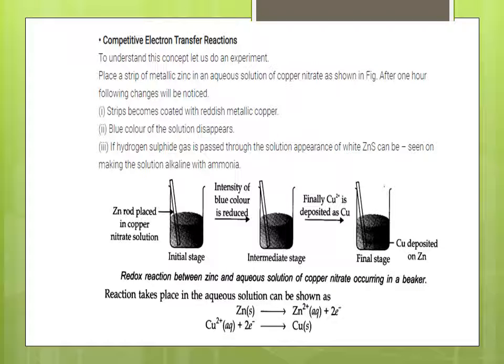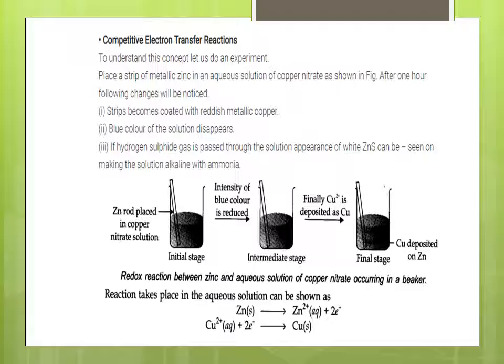Competitive electron transfer reactions. To understand this concept, place a strip of metallic zinc in an aqueous solution of copper nitrate, and copper nitrate is of blue color. So the whole experiment will depend upon the intensity of color so that we can make the interpretations.